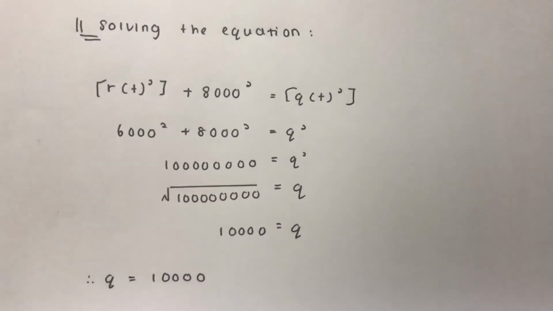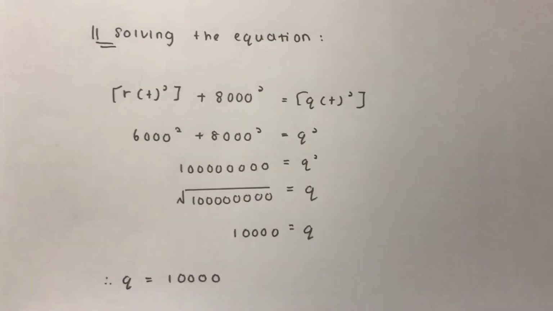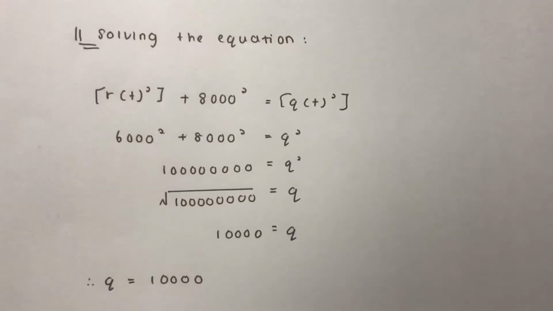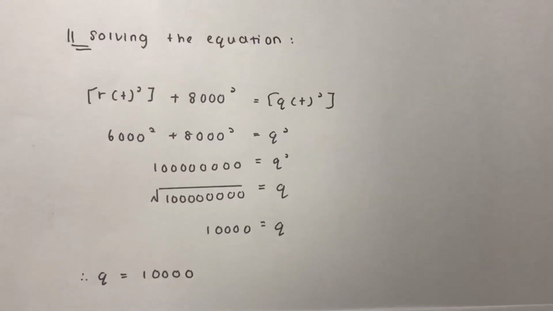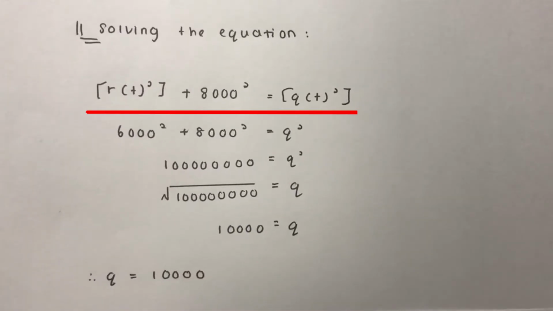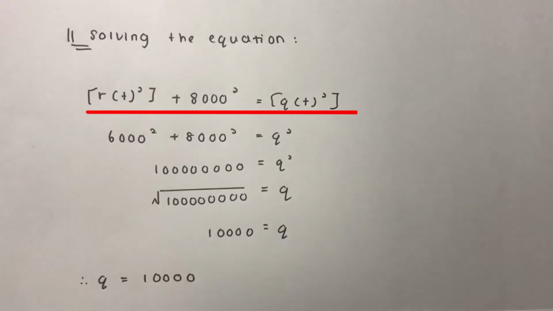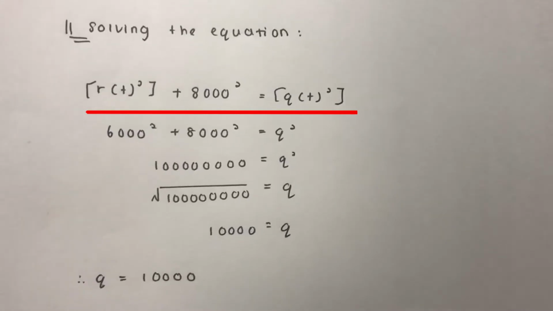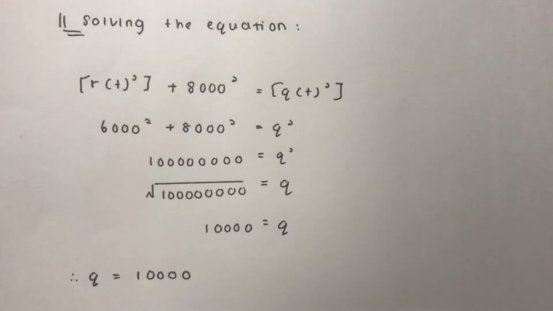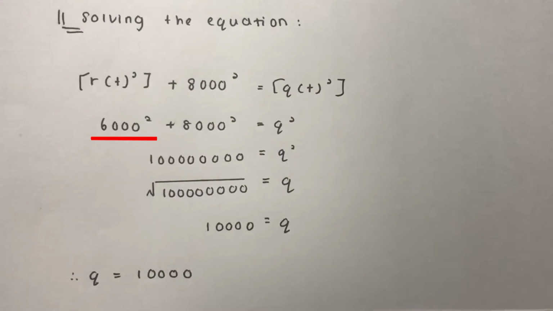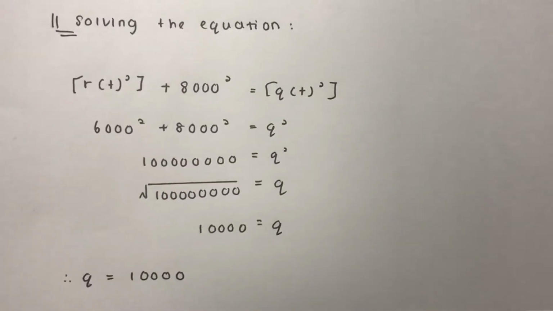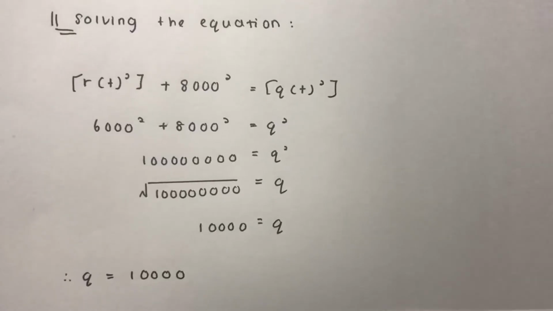Let's solve the first equation to find the value of q. Let's use the Pythagorean theorem from step 3. First, write the formula and then let's fill in the formula with the exact values. Since the base is 6,000 and r is 8,000, let's put them inside the formula and solve.